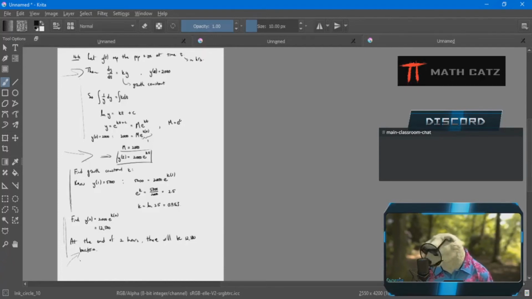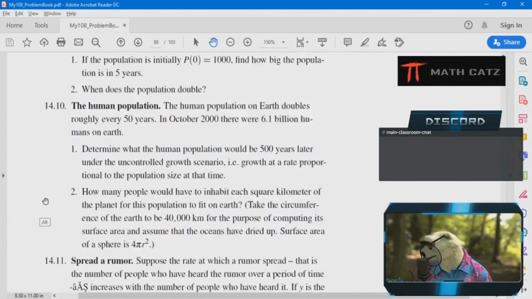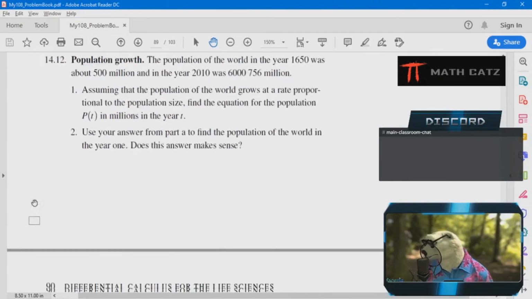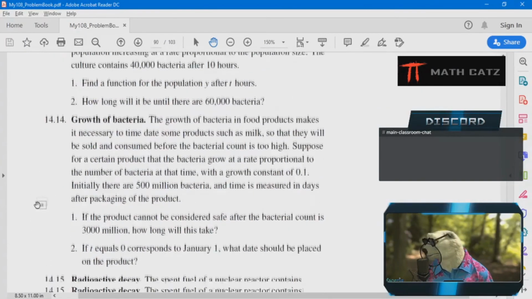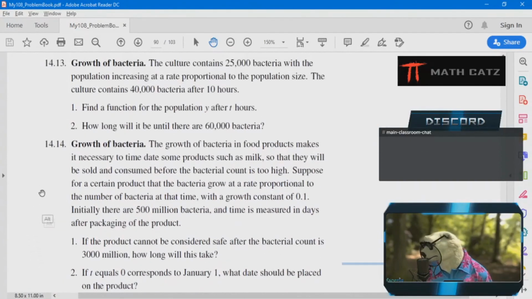All right, so that is a typical population growth question. Let's just try and cover some variety by looking at one more. And then you can totally practice all the questions up to 14.4.